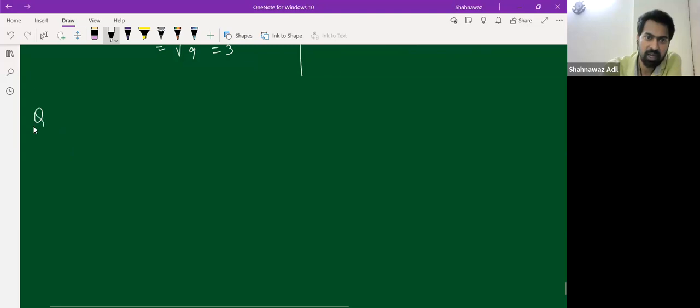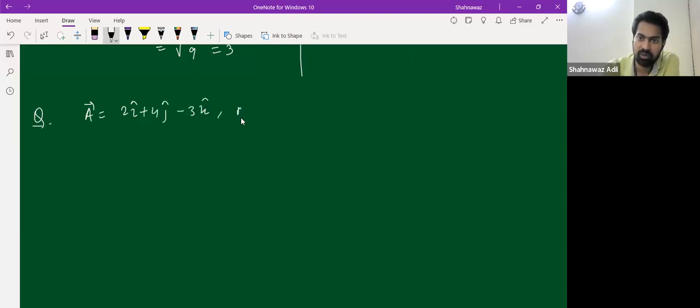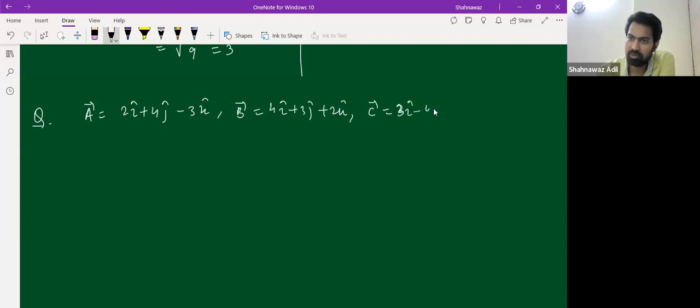Let's say that A is 2i plus 4j minus 3k, and you have B, which is 4i plus 3j plus 2k, and then C is 3i minus 4j plus k. And then let's take also D, which is 2i plus 7.